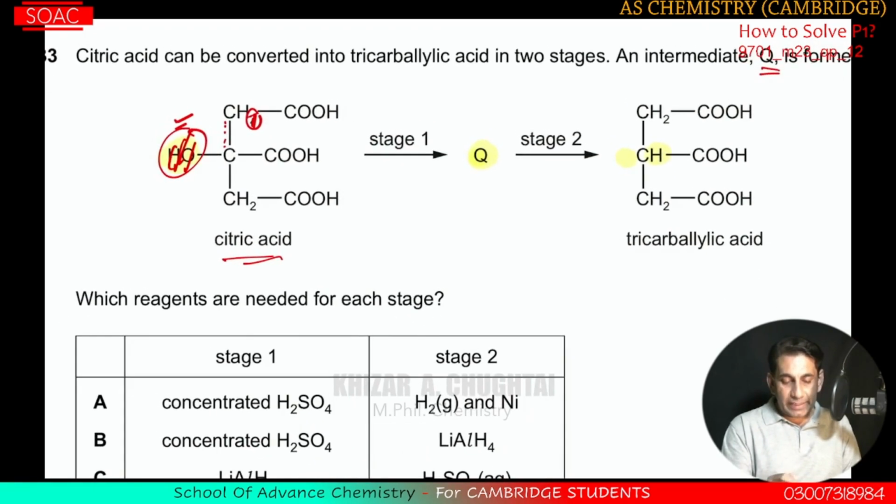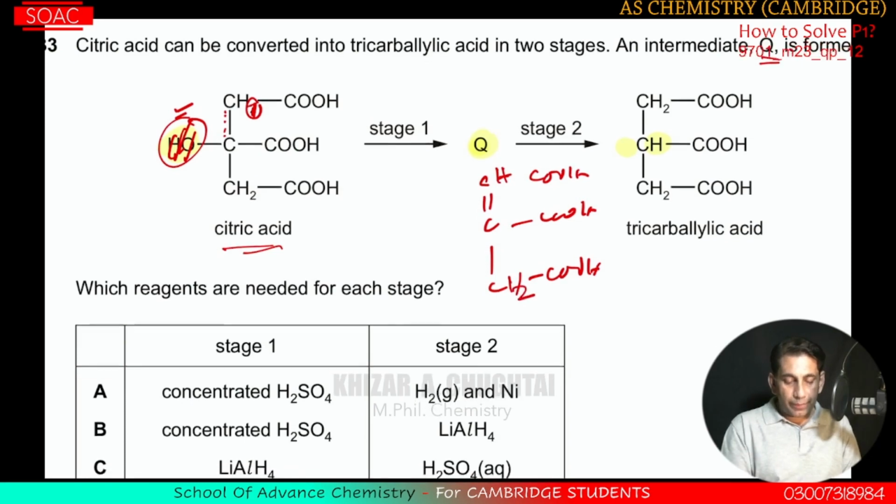So Q most probably has a carbon-carbon double bond in its chain, and the rest of the acidic groups are over here, and hydrogens are again over here. One hydrogen and no hydrogen, two hydrogen over here.